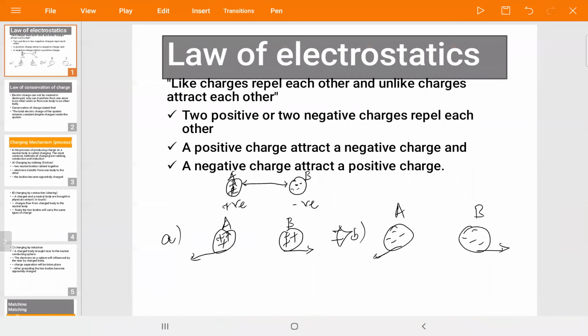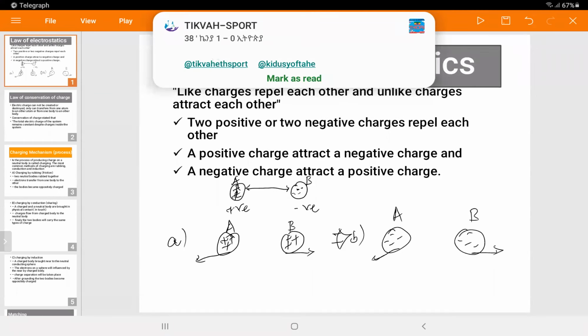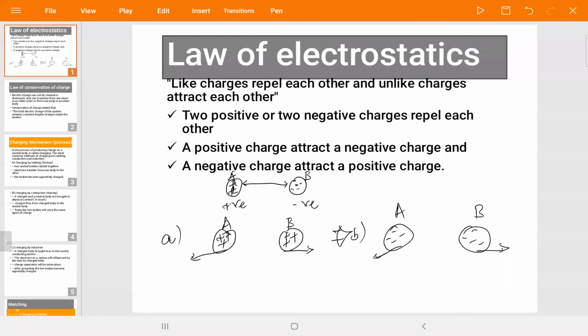Then we can generalize this concept: like charges repel each other and unlike charges attract each other. There is an attractive force between unlike charges, and a repulsive force between like charges.